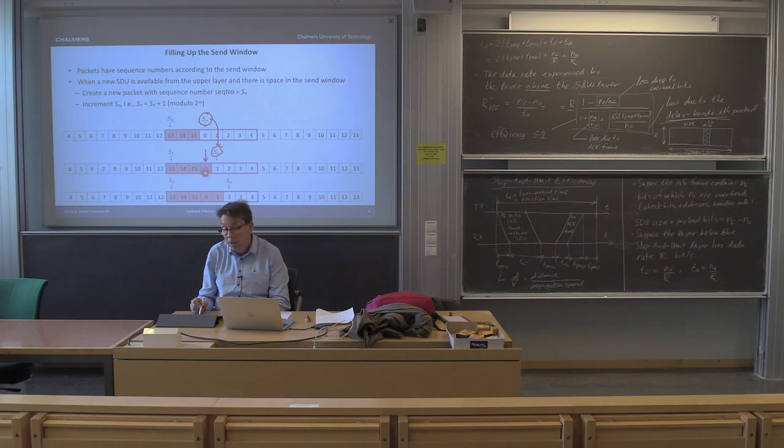The next packet will have number 1, and then we increment SN like this. So filling up the window is essentially to put in new packets at the point where SN is currently pointing, and then move SN one step to the right.